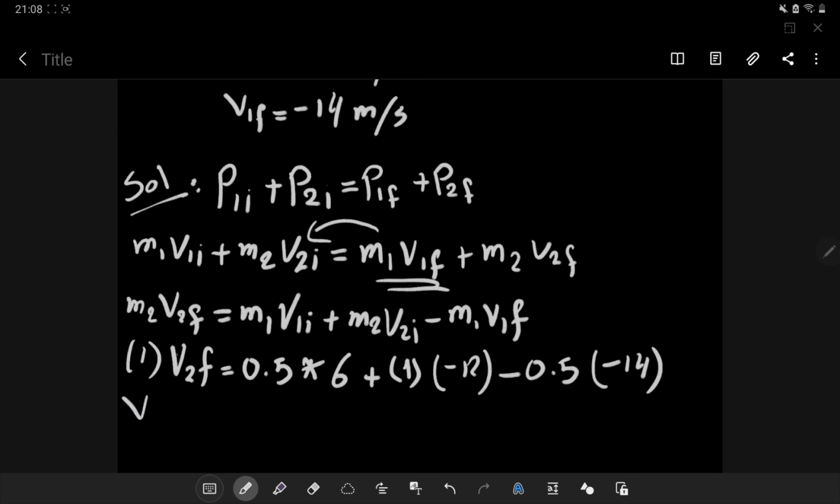Now we can find V2 final. V2 final equal to, here we have 0.5 multiplied by 6, that's equal to 3. Here we have minus 12 multiplied by 1, that's minus 12. And here we have minus multiplied with the minus, so that's positive, and 0.5 multiplied by 14, that's equal to 7.